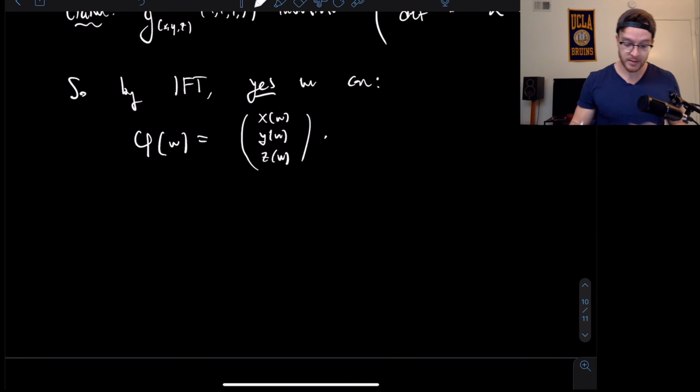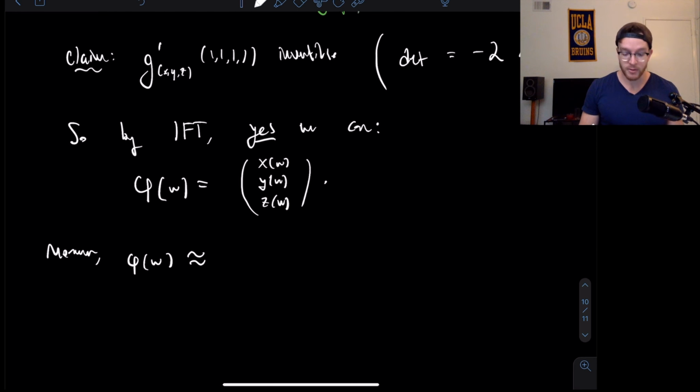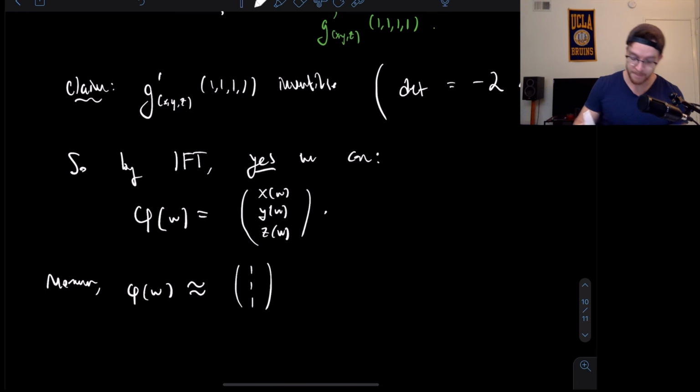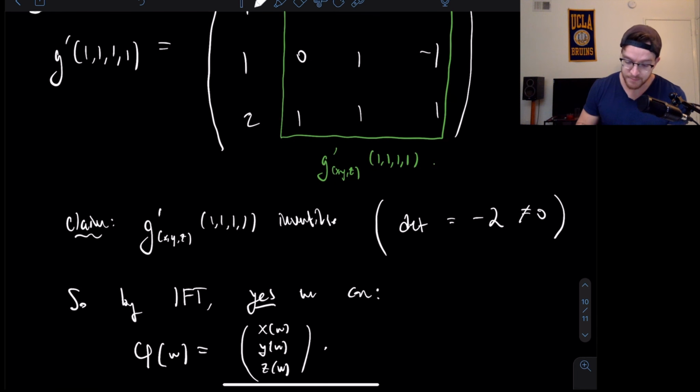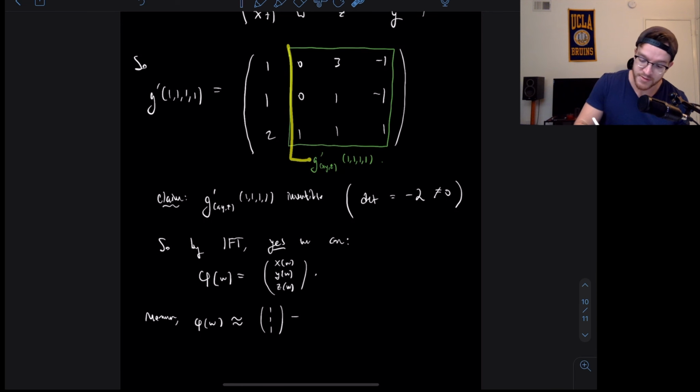So, moreover, phi of w will approximately be phi of w naught, which is the vector 1, 1, 1, minus the inverse of this matrix.